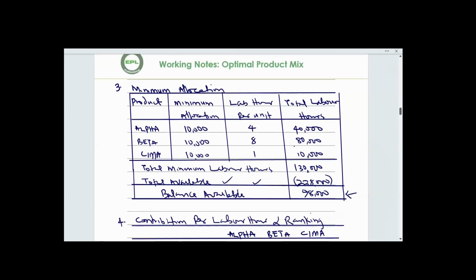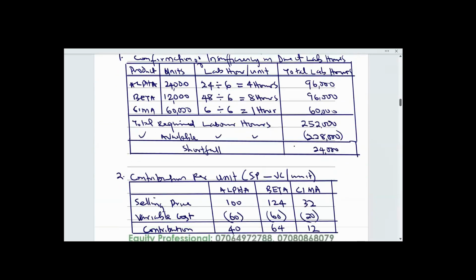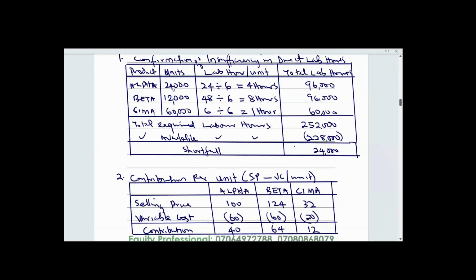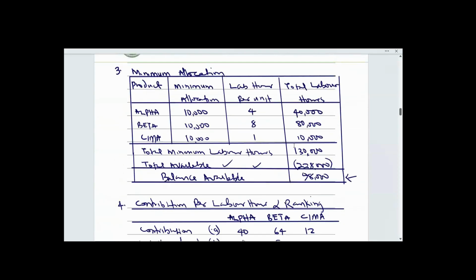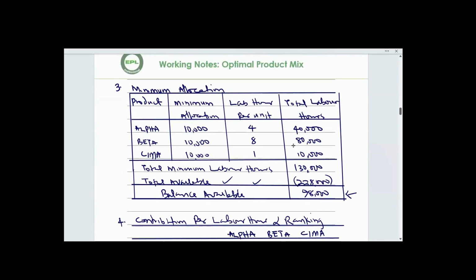Okay. Examiner is telling you that you have 228,000 labor hours available. And we have confirmed that 228,000 labor hours is not sufficient, because for the company to be able to maximize contribution, 252,000 labor hours are required. However, you have been given minimum allocation of 10,000 units. The 10,000 units for each of the products, they are going to spend hours to produce it.